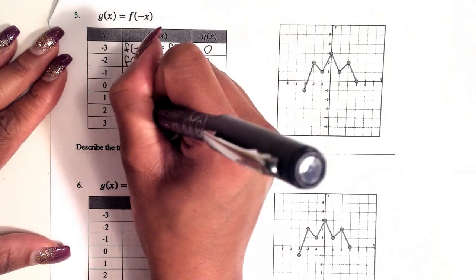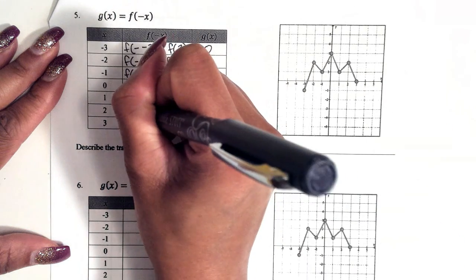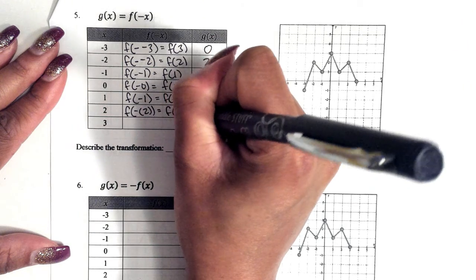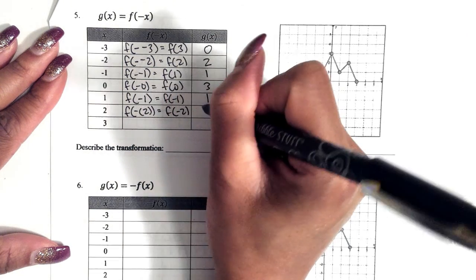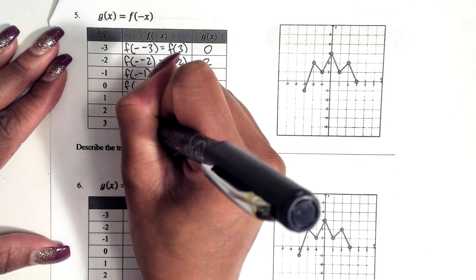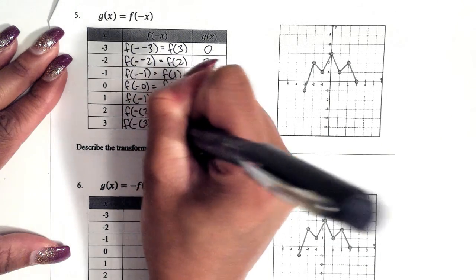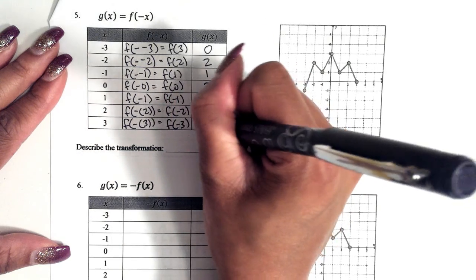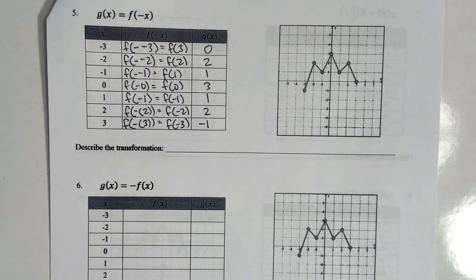So then we have f of, if you're trying to notice this, minus positive 2, which gives us f of a -2, and f of -2 is 2. Then we have f of -3, so f of -3 gives us -1. So there completes our table.